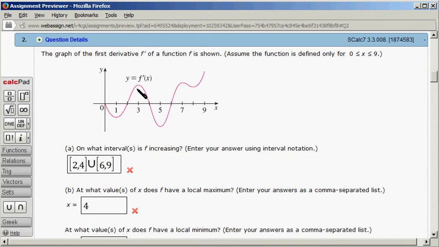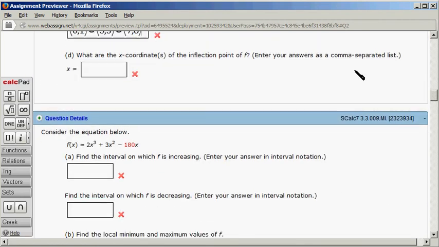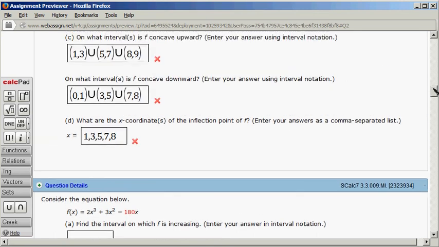At 3, it changes concavity. At 5, it also changes concavity. At 7 and at 8, it also changes concavity. So 1, 3, 5, 7, and 8 will have inflection points.